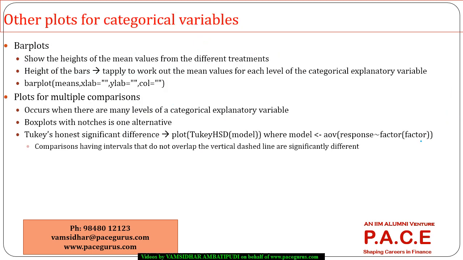Then, if I am looking at other categorical variables, I can very well rely on a bar plot. It is talking about the heights of some values. It could be the mean, it could be a standard deviation, from different kinds of aggregates.